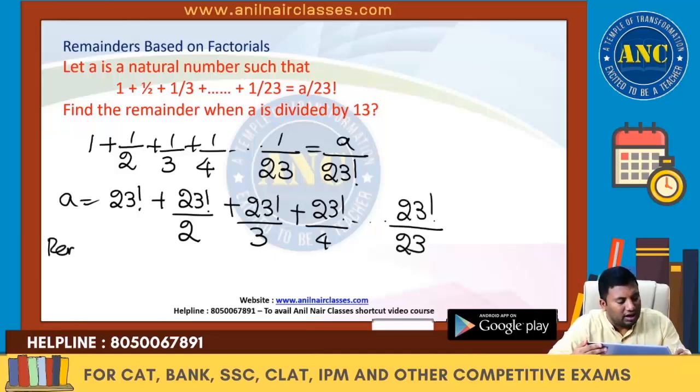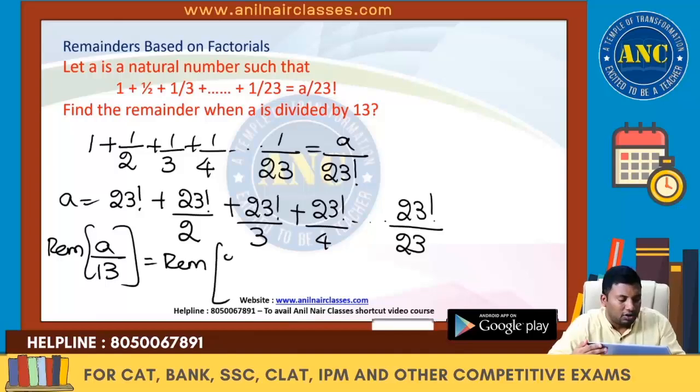The remainder when this entire number a is divided by 13 is nothing but the remainder when 23 factorial is divided by 13.